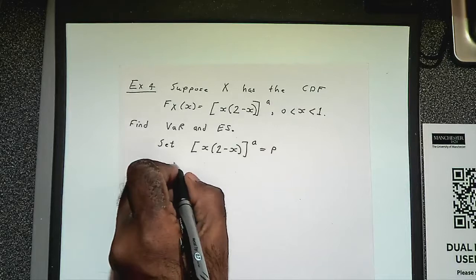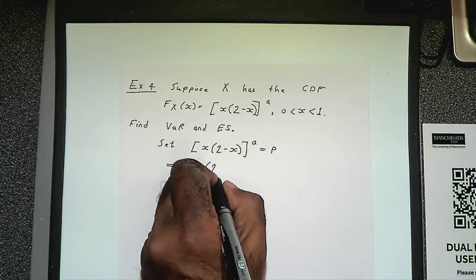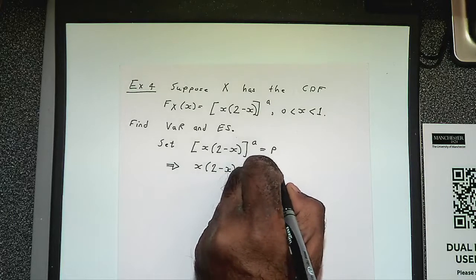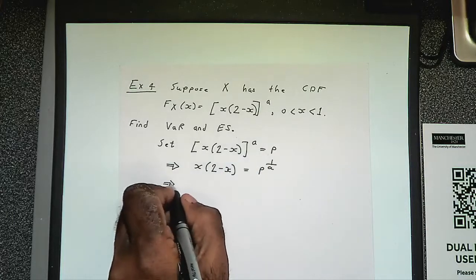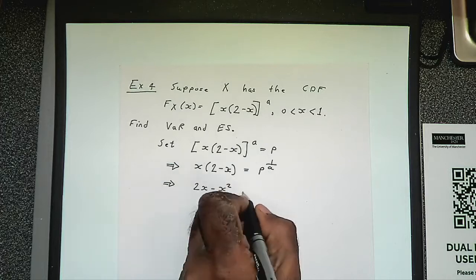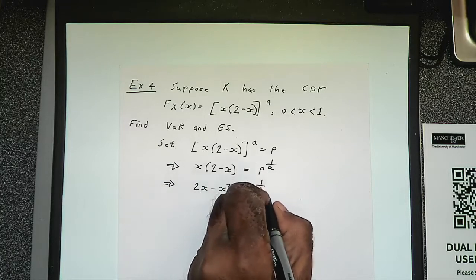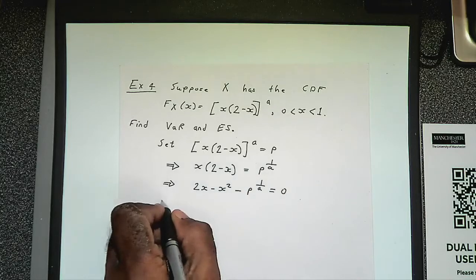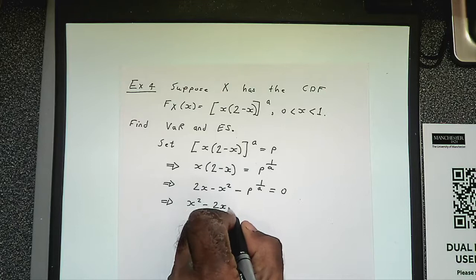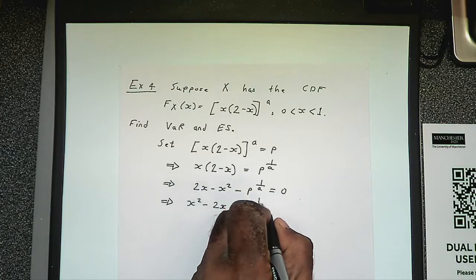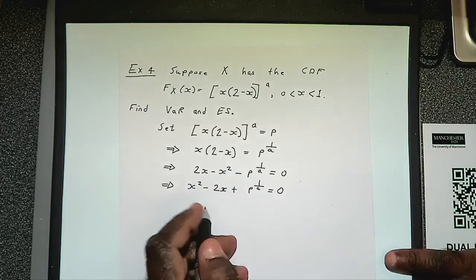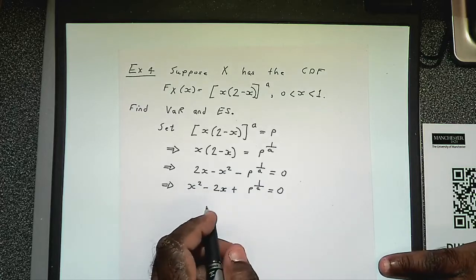So this becomes x times (2 minus x). So this becomes 2x minus x squared minus this is 0. So x squared minus 2x plus this is 0. Right, now what you have here is a quadratic equation, right?